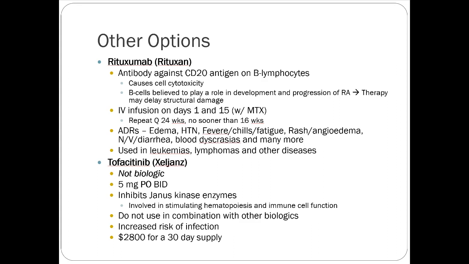A lot of these other agents could theoretically be combined, and a lot of them could certainly be combined with methotrexate. This one is supposed to be used on its own. It does have an increased risk of overall infection, likely due to some more broad-spectrum immune suppressant effects. And again, very, very expensive. But it's oral, so you're getting kind of biologic level treatment with this, like a TNF-alpha would provide, but it's an oral medication. So there's maybe an advantage there for some patients.